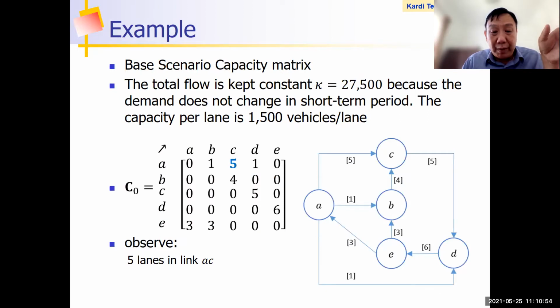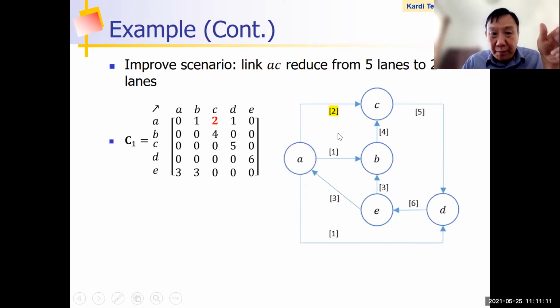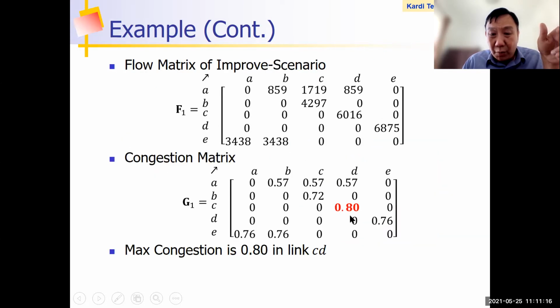Okay, in this example, I want to reduce the lane capacity in link AC. At first the congestion level is 0.85, the maximum. When I reduce the number of lanes from 5 to 2, you observe it now becomes 0.8.